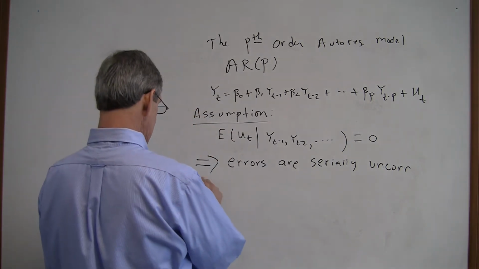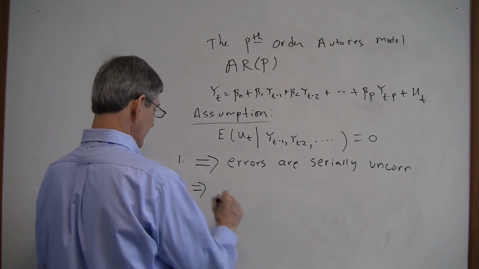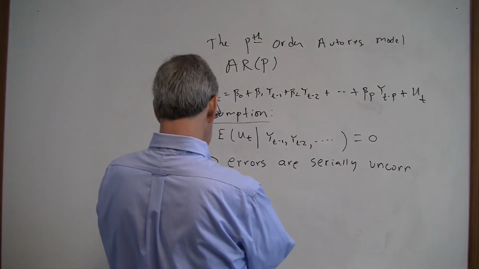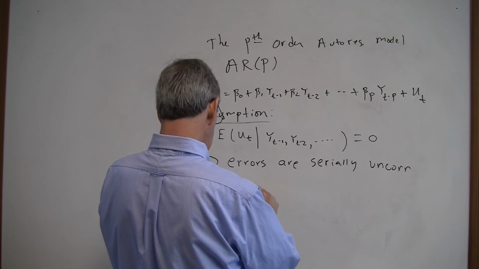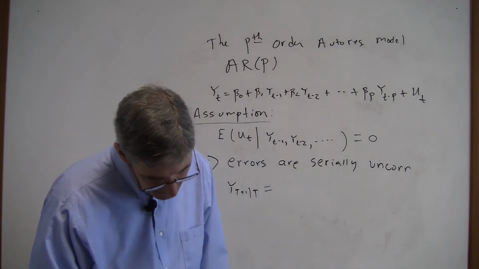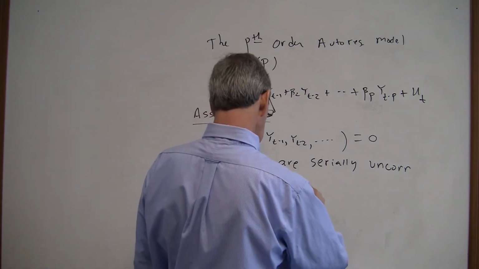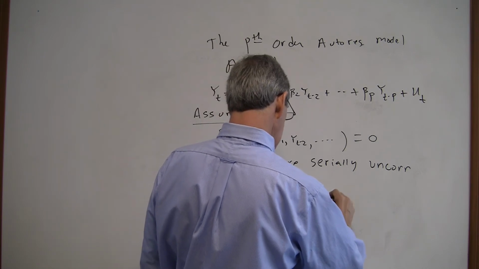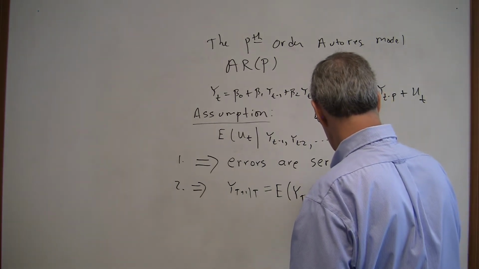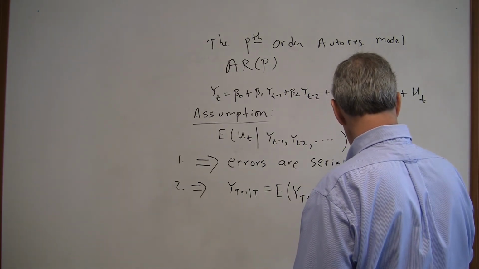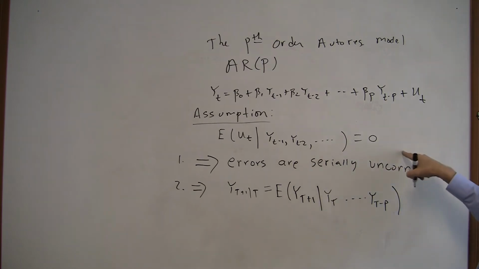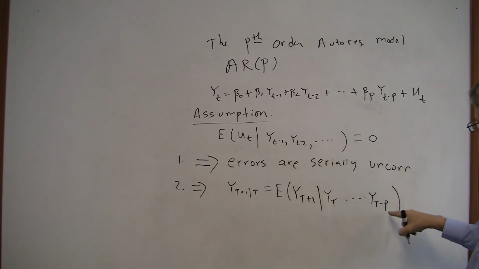It also implies that the expected value of yt plus 1 given all the past is the expected value of yt plus 1 given yt back to yt minus p. One goes all the way back to y1; this only goes back p.